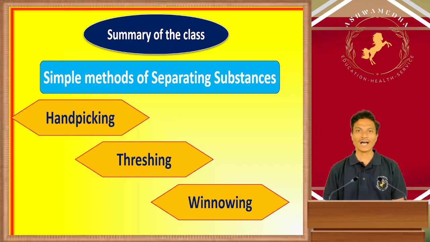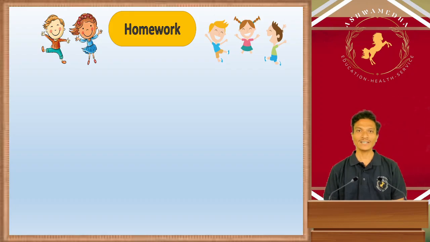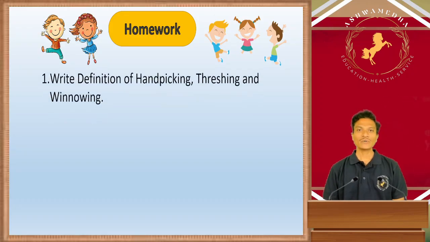Now I will give you a small homework for today's class, and I am sure you will enjoy the homework. The homework is you need to write a definition of 3 methods of separation, that is handpicking, threshing and winnowing. I have already mentioned them in today's class, so you can note it down from that class.